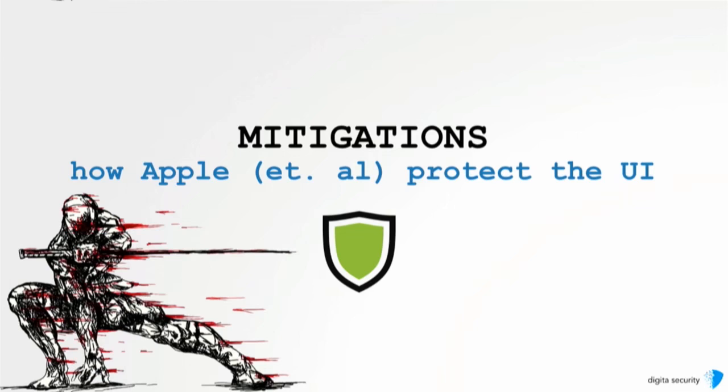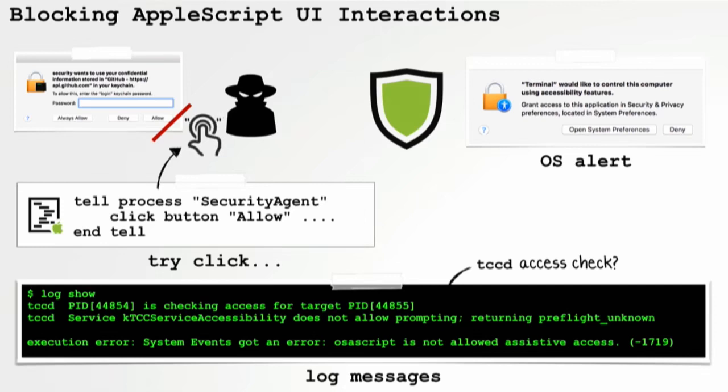So let's look now at what Apple has done to mitigate these synthetic attacks. First, on modern versions of macOS, AppleScript is blocked from interacting with certain security prompts. Specifically, if we now use AppleScript to send a click event, the OS will detect that this is a synthetically generated event and will display a security prompt, which cannot be generated or interacted with synthetically.